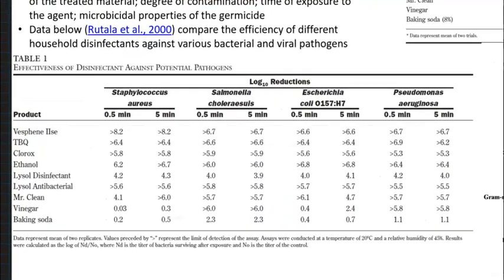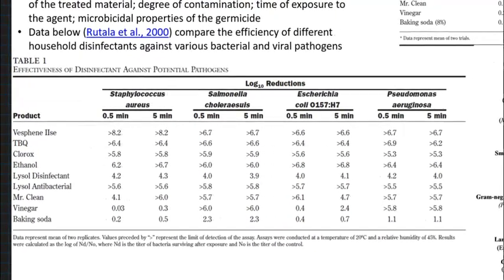As you may have noticed, I love to bring data to the table. So look at this. Different chemicals were tested in their ability to inactivate common microorganisms. Staph aureus, wound infection, Salmonella, E. coli. This is the nasty strain O157:H7 that causes severe diarrhea and hemolytic uremic syndrome. Pseudomonas, really bad respiratory pathogen.